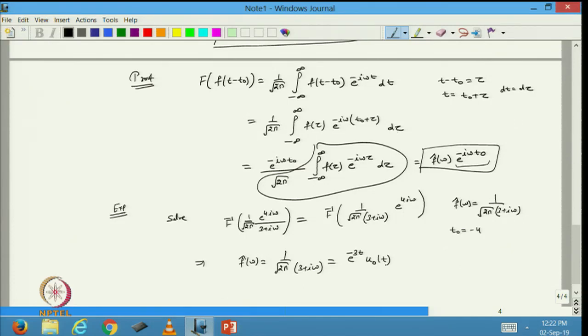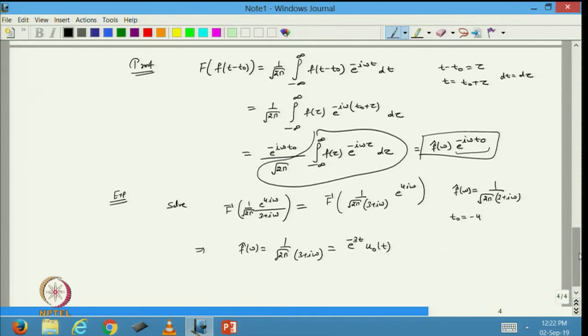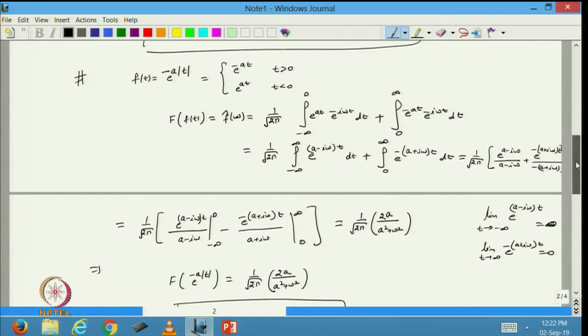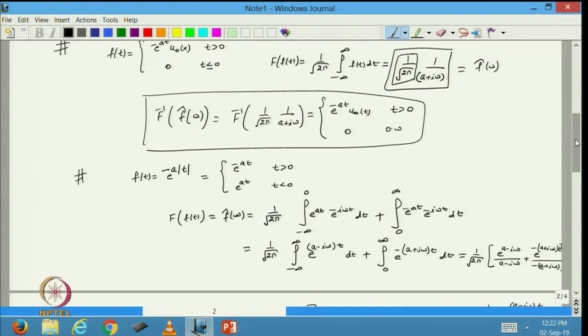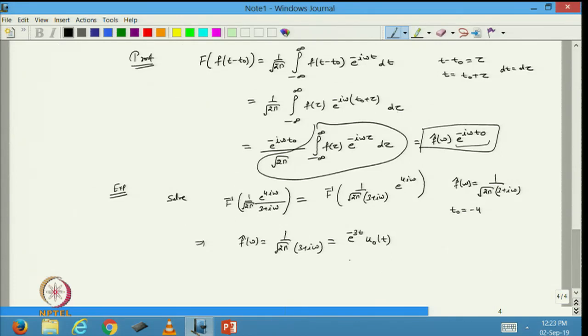So, that is my expression for which the Fourier transformation is this one, because this one we have solved earlier. So, from here I apply my shifting theorem.